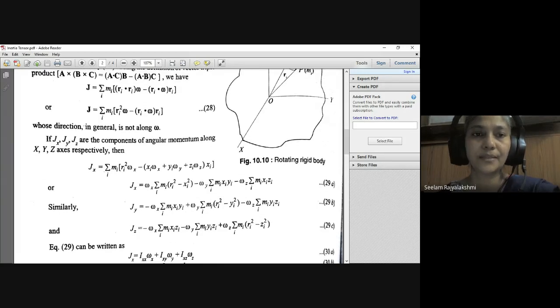That means using equation number 28, we considered omega x here, and for Jy we consider omega y, and omega z for the Jz component. By replacing those, we obtain Jy and Jz like this.